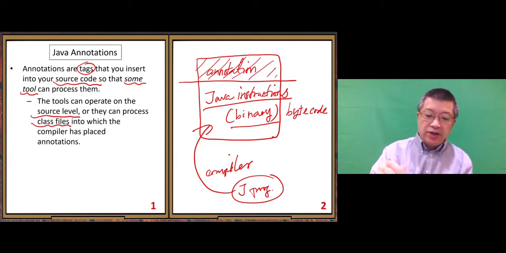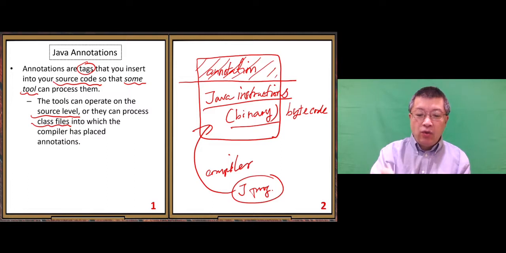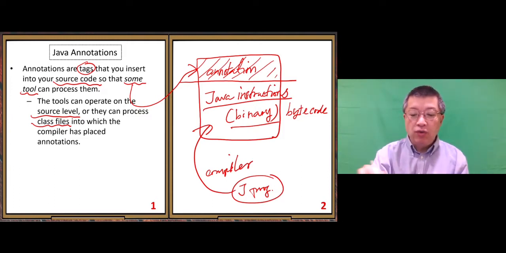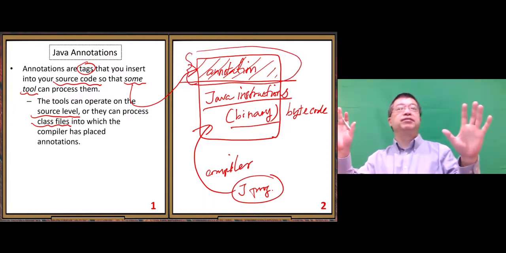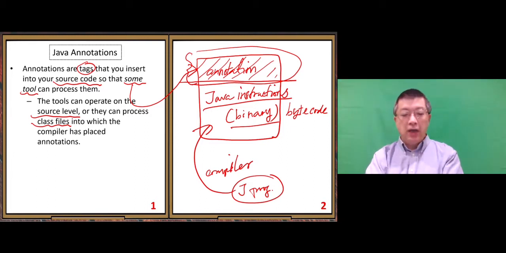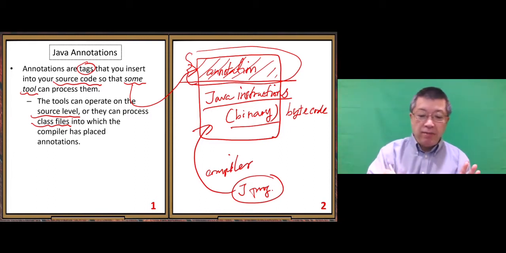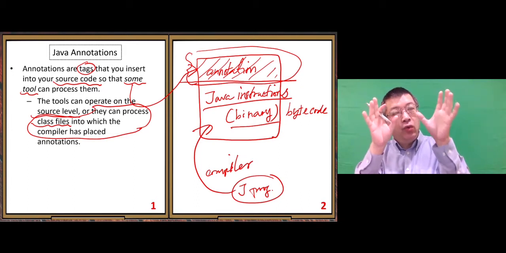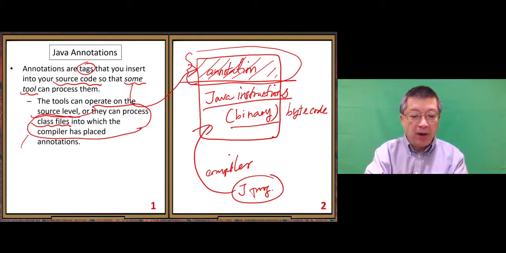Two parts. So then the annotation tools do not need to touch the Java instructions. The annotation tools can process only this annotation part directly because it is separated. So here, the second part tells you the processing tools can process the class file.